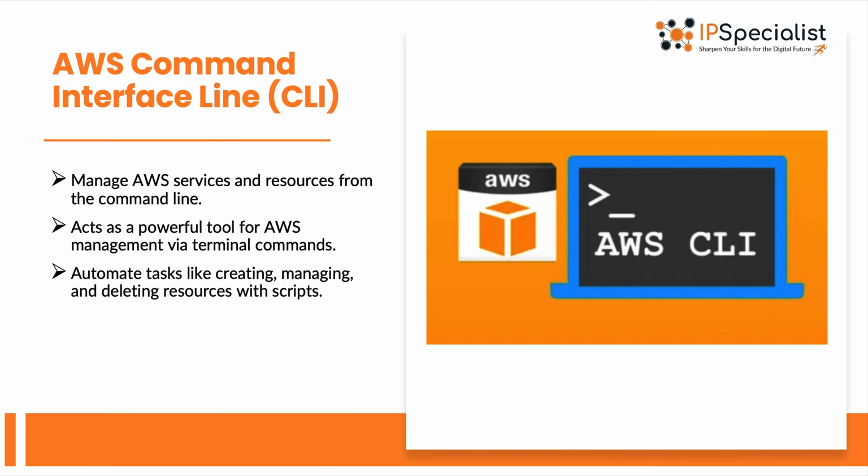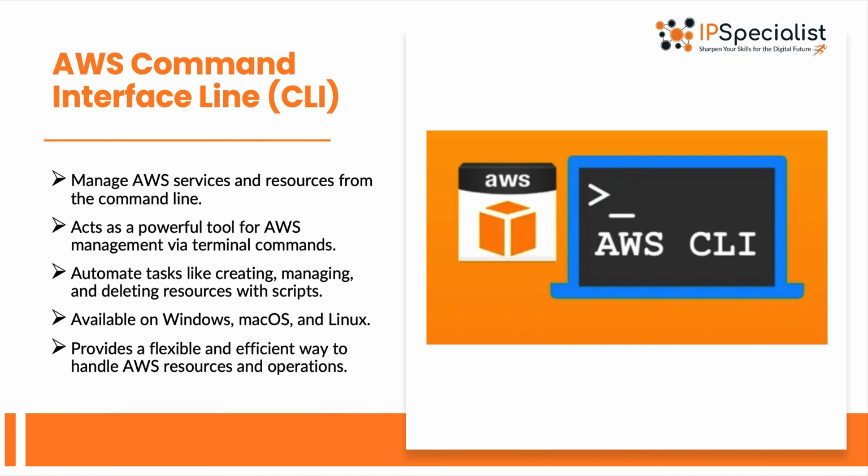You can use the AWS CLI in scripts to automate tasks such as creating, managing, and deleting resources, and to integrate AWS services into your development and operational workflows. It is available for Windows, macOS, and Linux, ensuring you can use it regardless of your operating system. Overall, the AWS CLI is a powerful tool that provides a flexible and efficient way to manage your AWS resources and automate cloud operations.